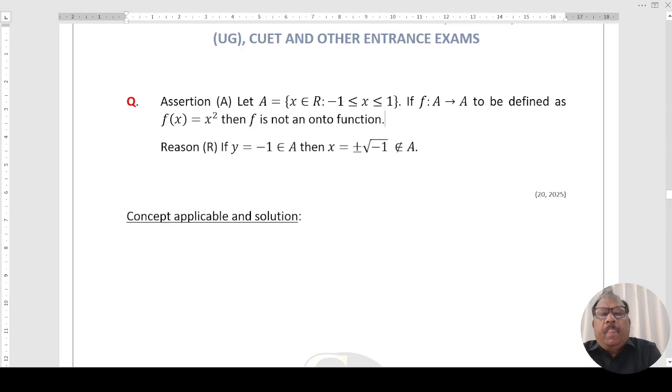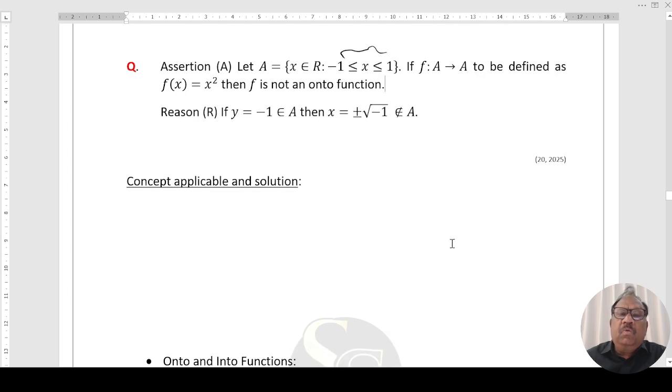Question is an assertion-reason type. Assertion: let A equal to {x belongs to R such that x belongs to the closed interval -1 to 1}. If f from A to A is defined as f(x) equal to x square, then f is not an onto function.